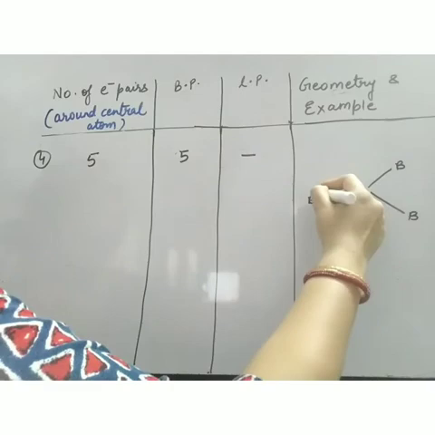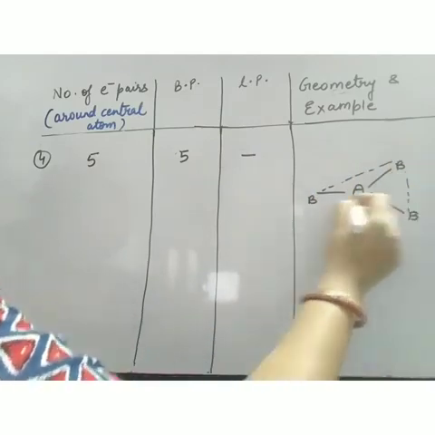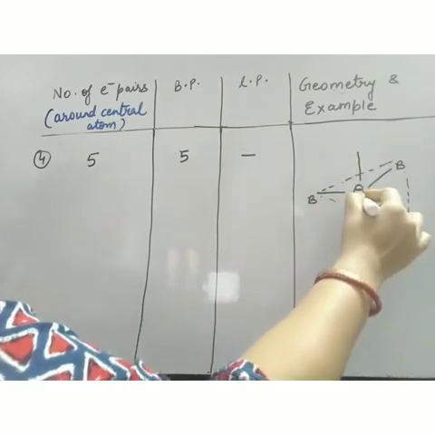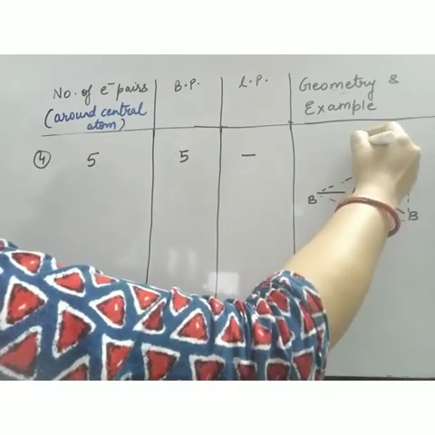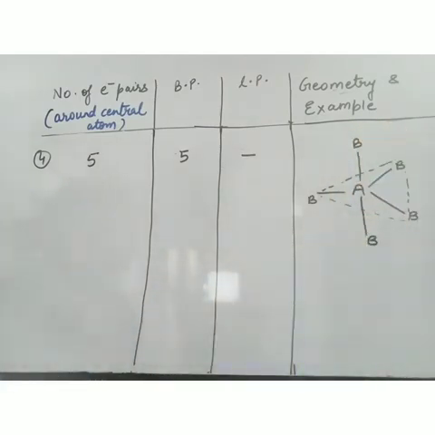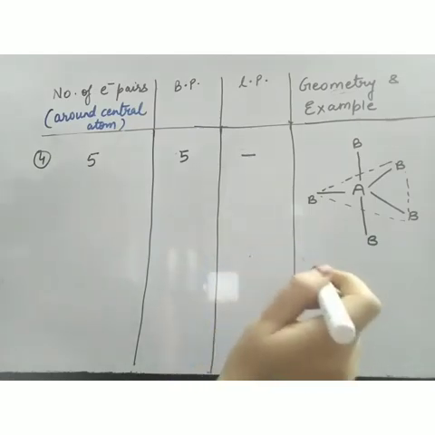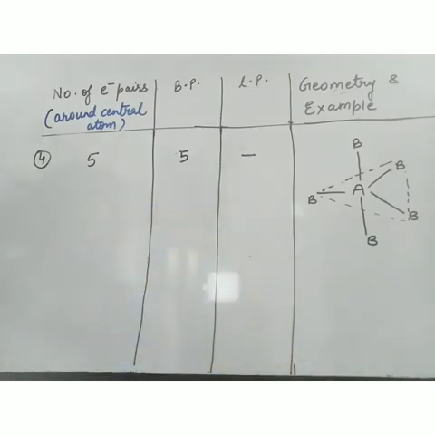I will join them. So this is 2D on paper. One bond is like this and another bond is like this, meaning one above the plane of paper and the second below the plane of paper. This triangle is in the plane of paper. One bond is towards you and one bond is away from you.